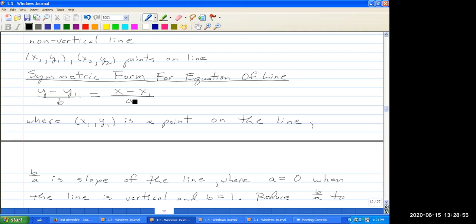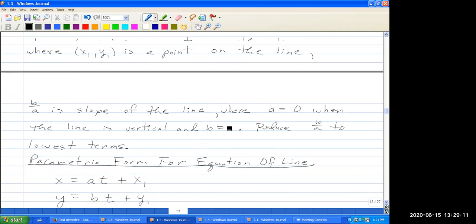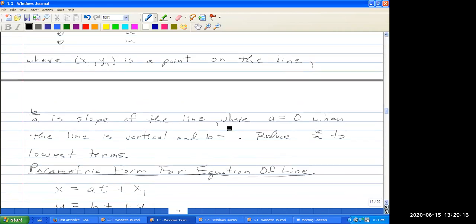So a equaling 0 implies that this is a vertical line, and b is the y1... Oh, I see.